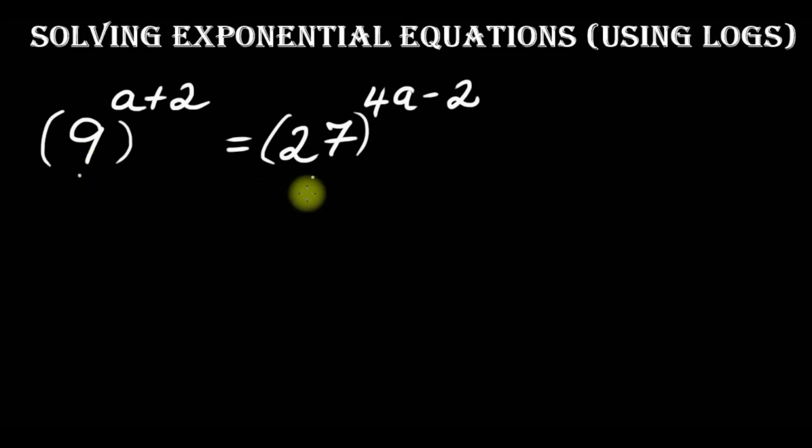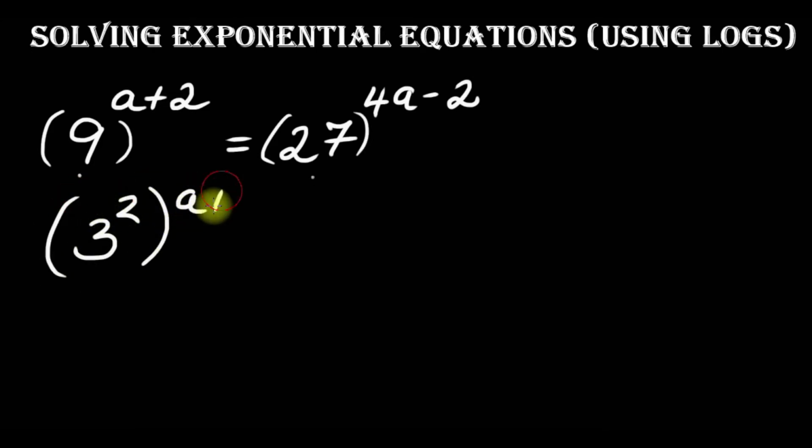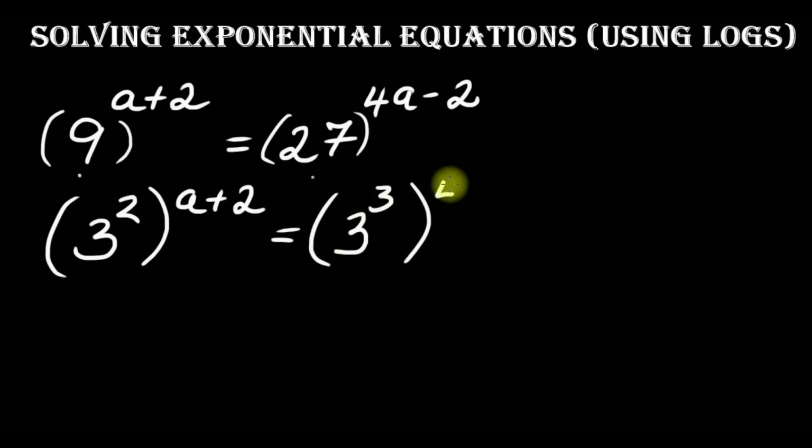Well, I can rewrite both of these numbers using base 3. So 9 can be 3 squared, because 3 squared is the same as 9. That's to the a plus 2. And then 27, I can rewrite that as 3 to the third power, and then to the 4a minus 2. And then here I have 3 to the 2a plus 4.